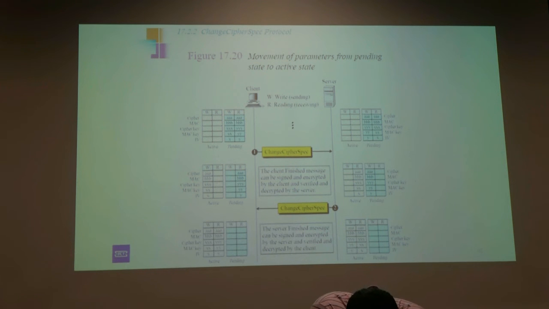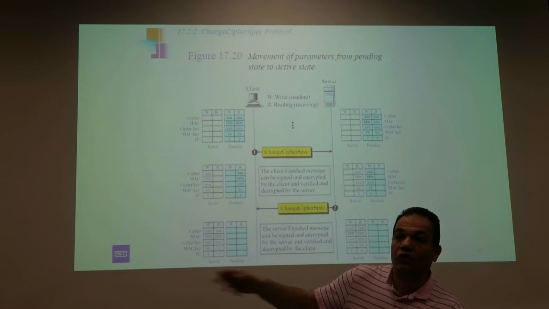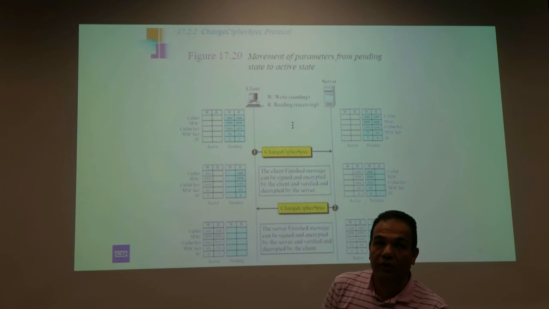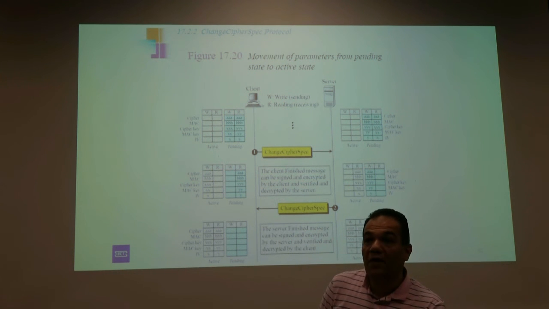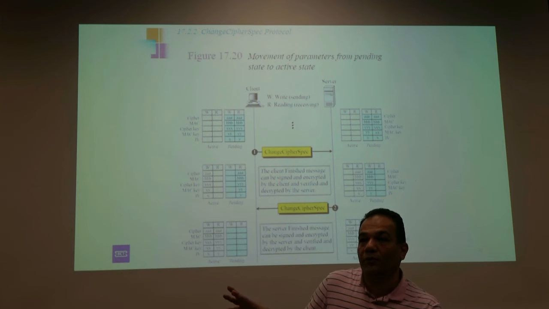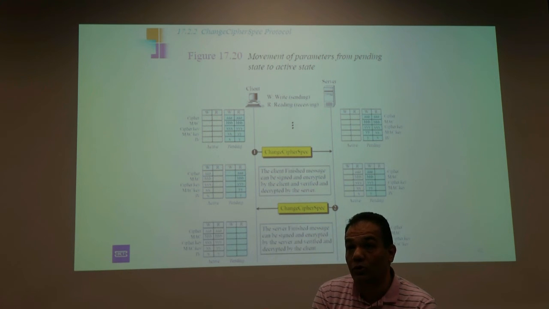SSL mandates that the parties cannot use these parameters or secrets until they have sent and received a special message. They have to exchange the parameter secrets, then use them to send the first private message to test it out.